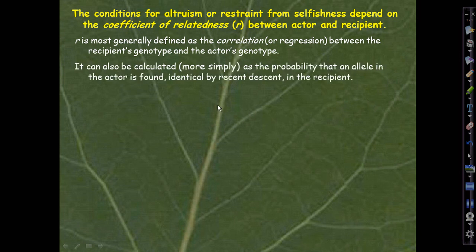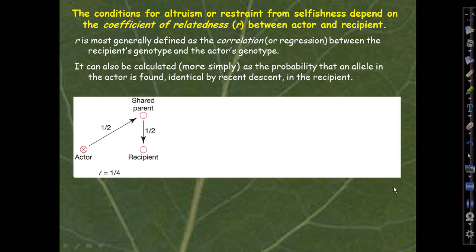It can also be calculated more simply, and I hope for most of you this will be a little more intuitive, as the probability that an allele in the actor is found identical by recent descent in the recipient. And from that definition, we'll develop a kind of equivalence principle that makes reasonable sense intuitively.